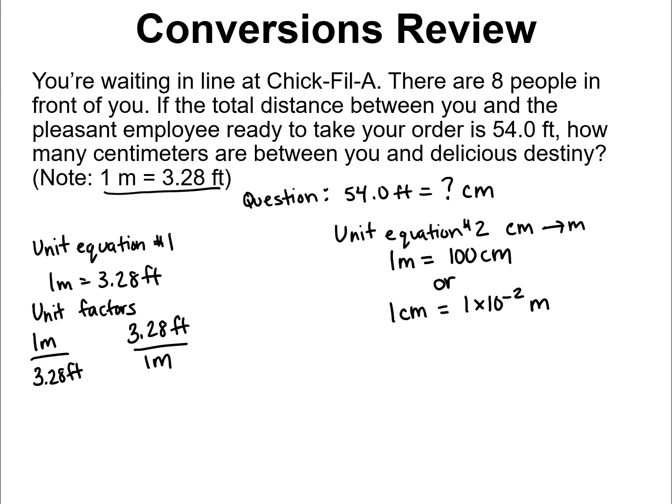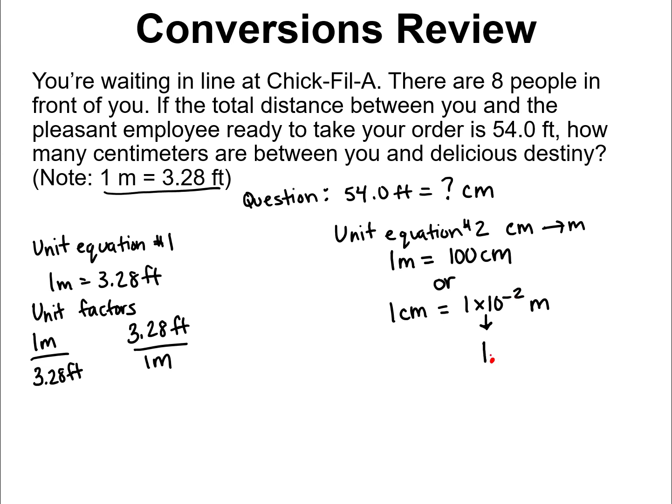The -2 tells you how many decimal places. So the 2 tells you 2 decimal places. The negative tells you that it's a number smaller than 1. So if I were to write this in regular number format, I'd start with the 1, and there's kind of an implied decimal point here.